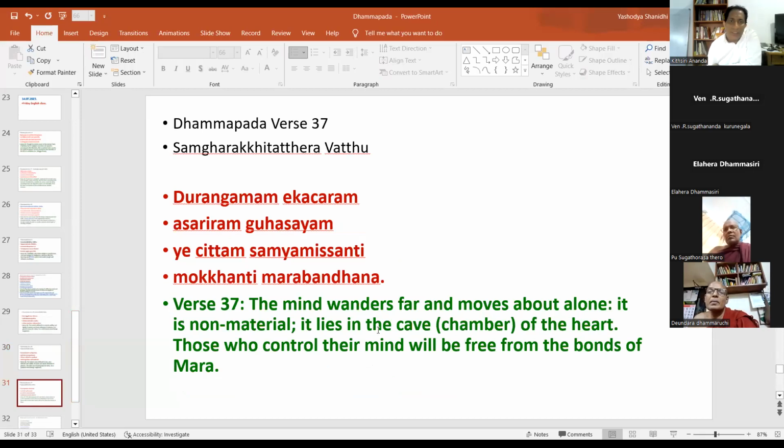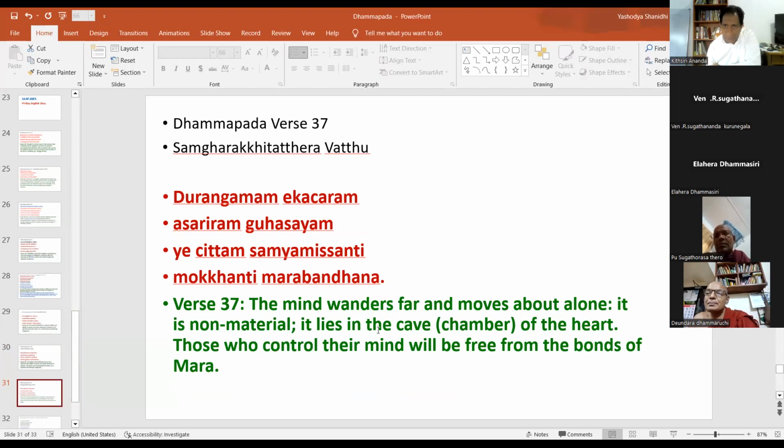Durangamang eketarang asarirang guhasayang ye chittang sangamesanti mokkanti mara bandhana. Durangamang eketarang. The mind wanders far and moves about alone. The mind goes far and far. The mind goes very far.